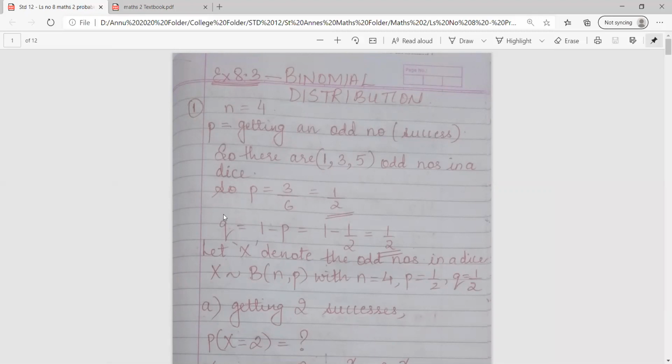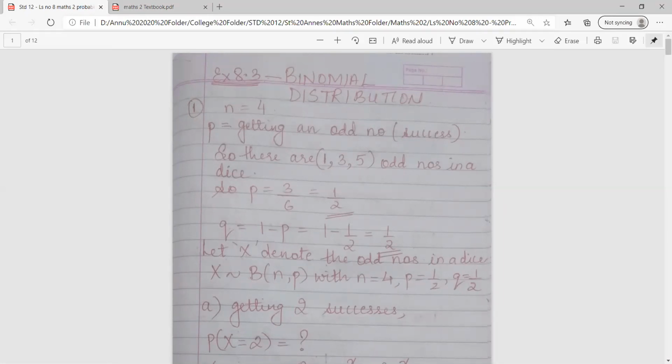So the probability will be 3 divided by total number 6, so the answer is 1 upon 2. Q is very easy to find out once you know the value of p. So q is equal to 1 minus p, 1 minus half, answer is half.